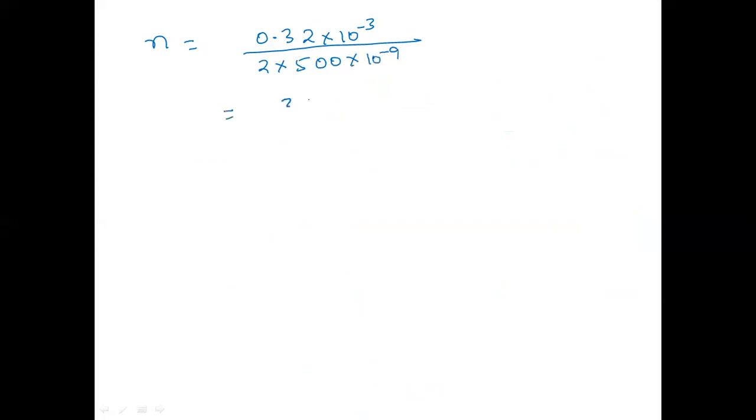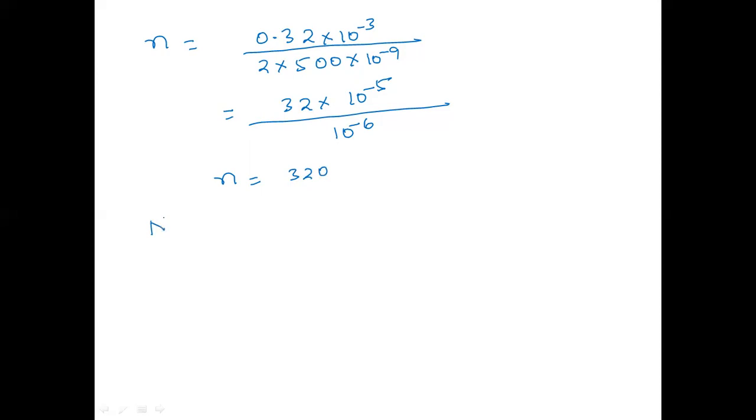The numerator I will write as 32 into 10 power minus 5. Denominator: 2 into 500 means 1000, 1000 into 10 power minus 9 means 10 power minus 6. Right? So 320, that is n is equal to 320.